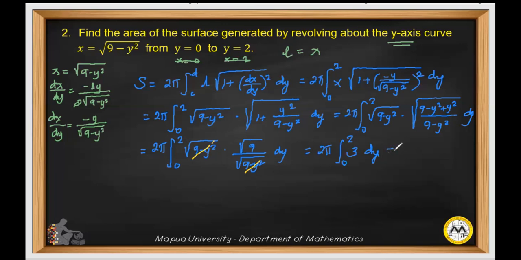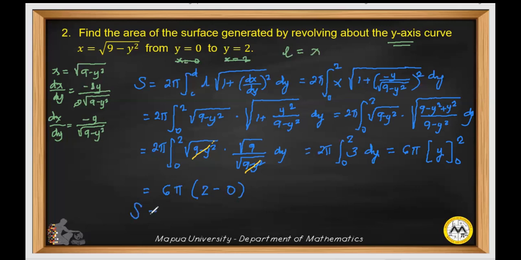We will have 2 pi times 3 is 6 pi, and the integral of the differential of y is y, and we need to evaluate this from 0 to 2. Hence, we will have 6 pi times, when y is equal to the upper limit 2, we have 2 minus, when y is equal to the lower limit 0, that gives us 0.